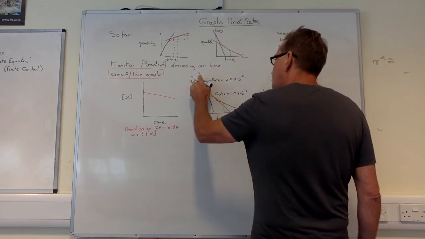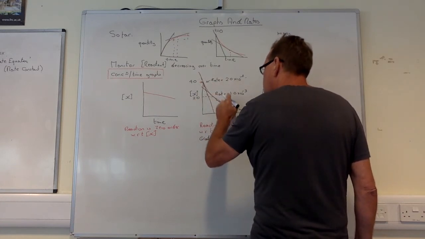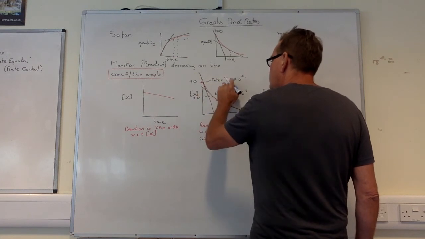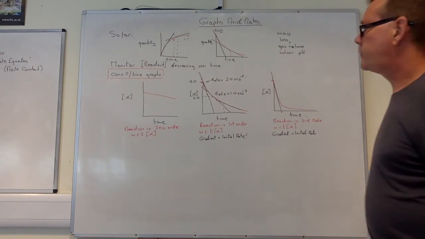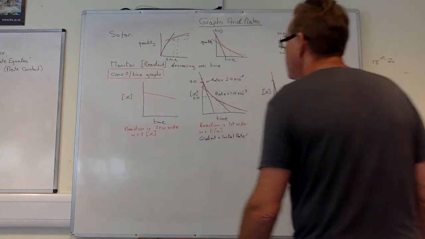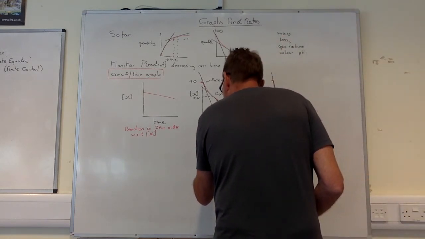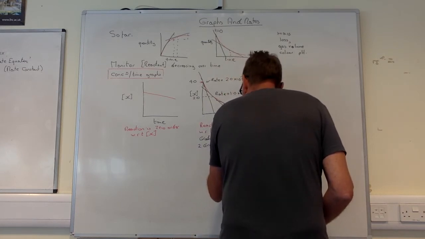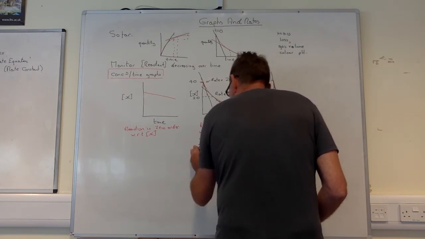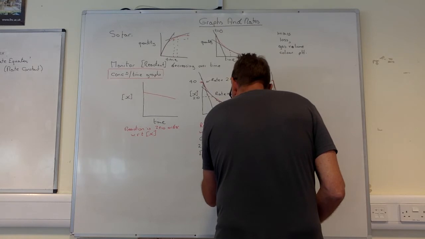So by taking 2 points, one half of the other, and working the rate out at those 2 points, you can tell that that is first order. If the concentration's gone down by half and the rate's gone down by half, you've got a first order reactant there, essentially. Okay, so you can do 2 gradients, at one half the concentration of the other.